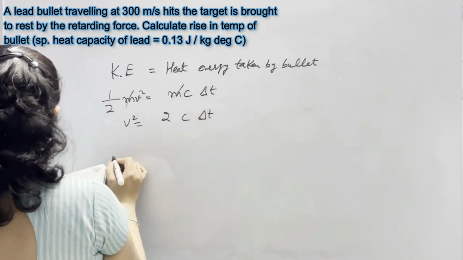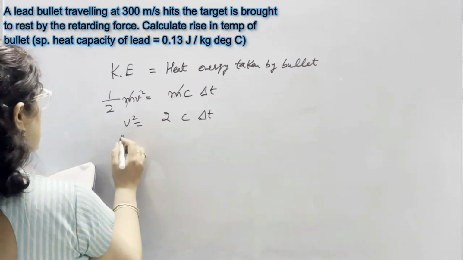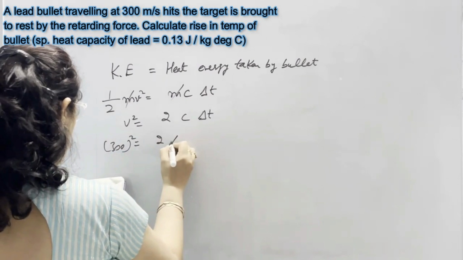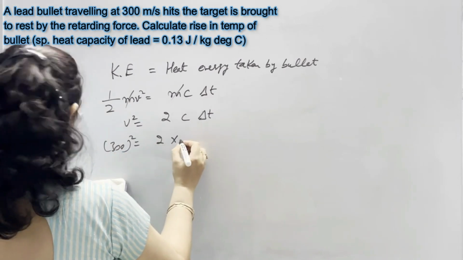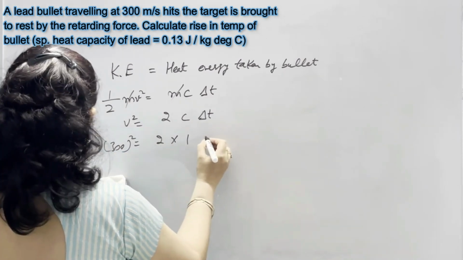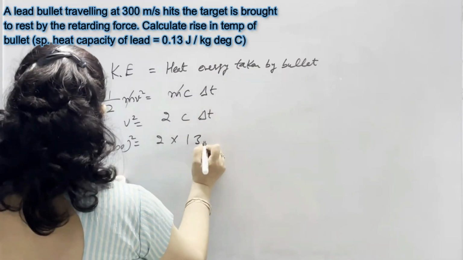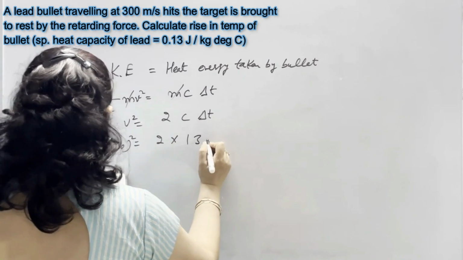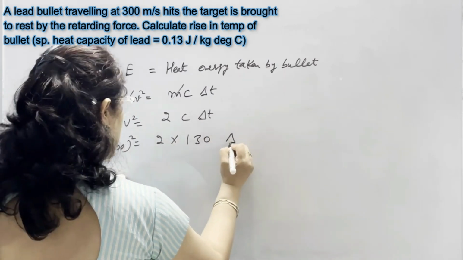Here values are given. Value of v is given as 300, so 300 square is equal to 2 into value of c, which is given as 0.13. So it means converting to gram 130 and then delta t.